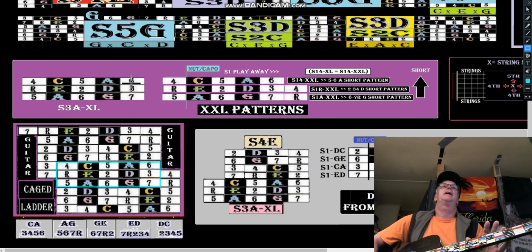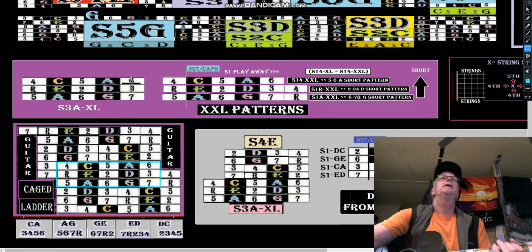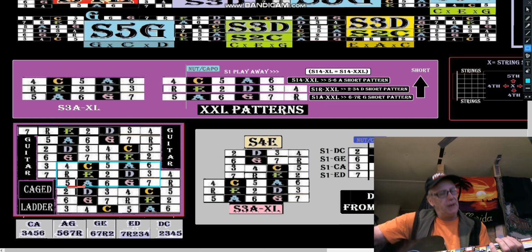That's the caged ladder. But in the middle there, where we started 3, it would be on string number 4 from the top. So let's look at that.